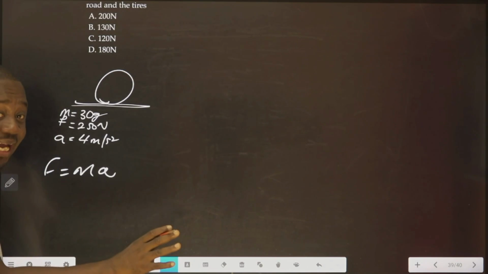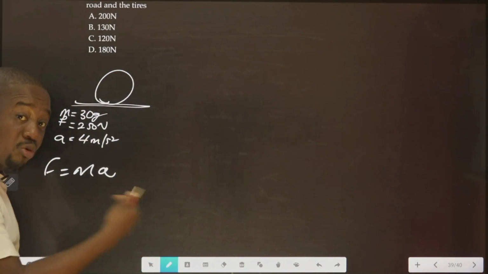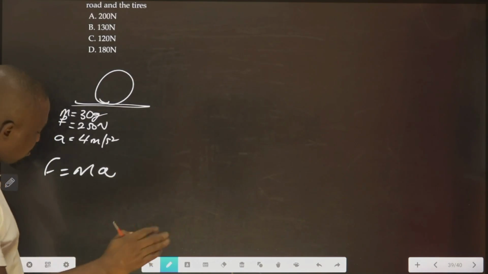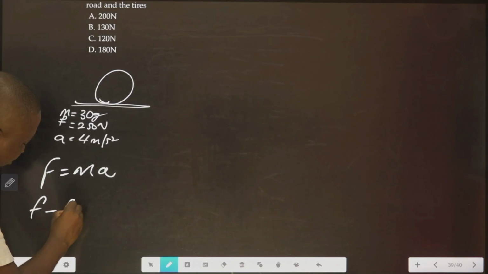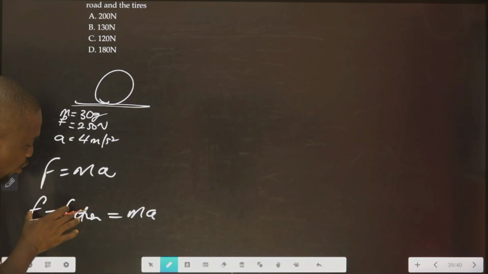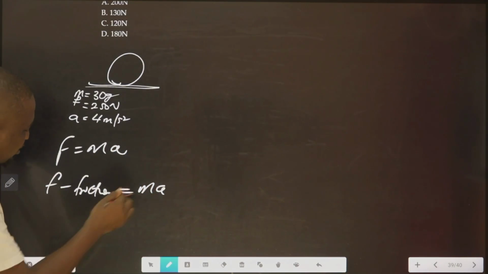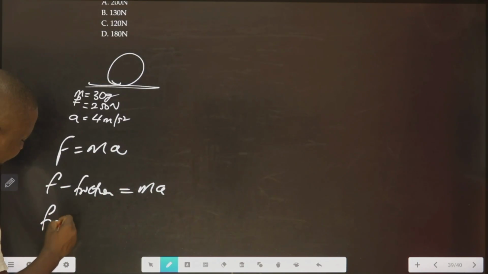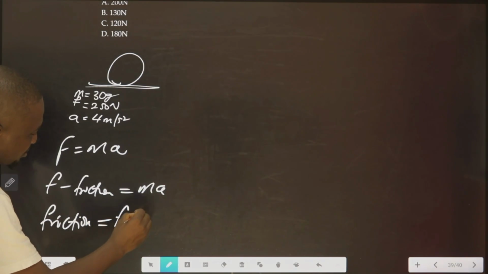This is the force you are applying. Remember, there is an opposition, that is the friction opposing this force. So F minus the friction is equal to ma. The remaining one is what you are going to use to push it. So if I move this to this side, friction, or frictional force, equals F minus ma, that is this F, capital letter F.